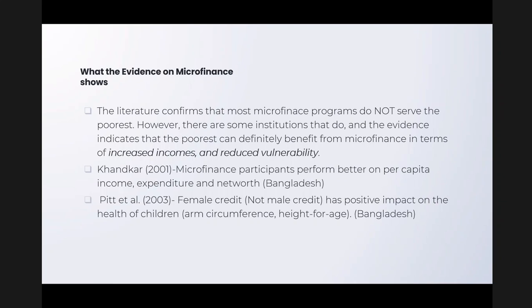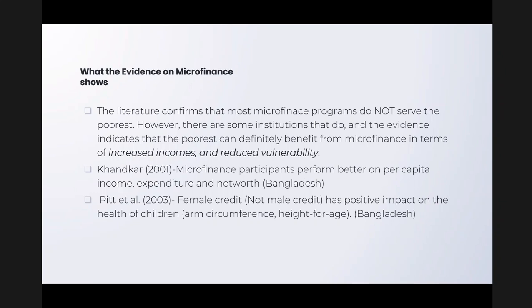Then there are some specific studies that have been quoted here. Kandakar 2001 has found that microfinance participants perform better on per capita income, expenditure, and net worth. This study was conducted in Bangladesh, because whenever we talk about microfinance, Bangladesh is the best example, because of the Grameen Bank and the large scale implementation of microfinance schemes.